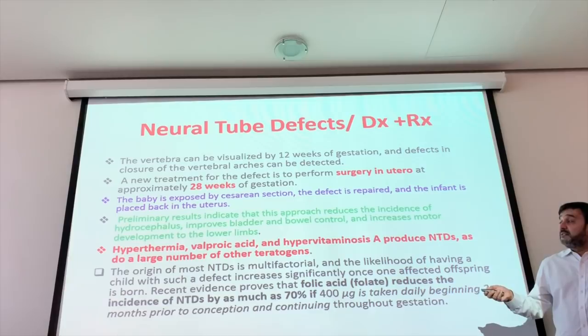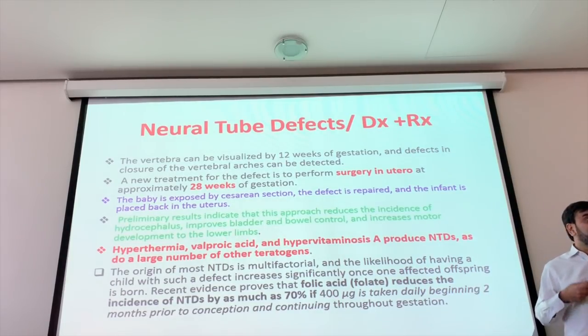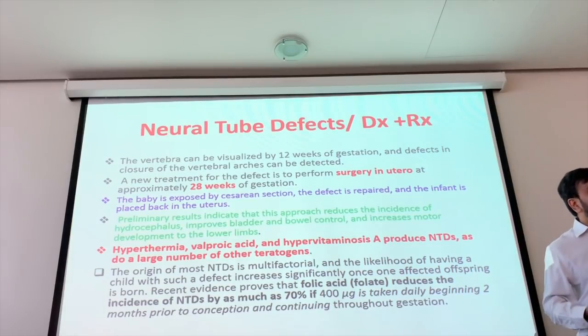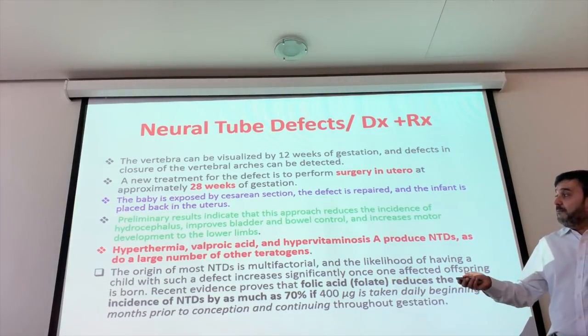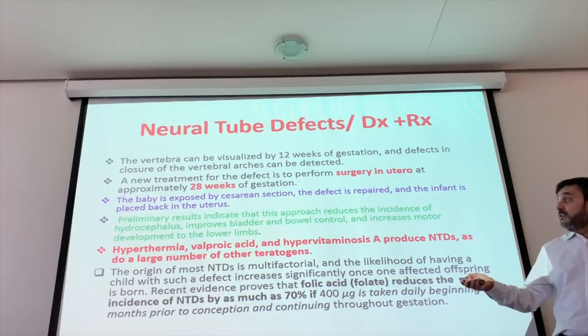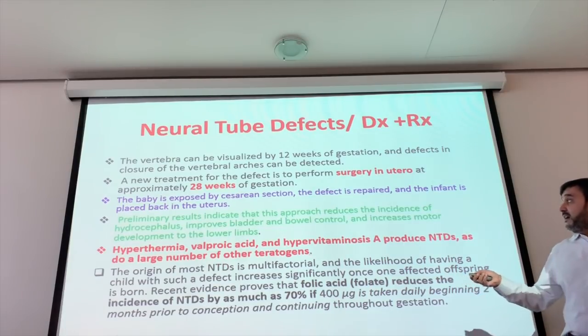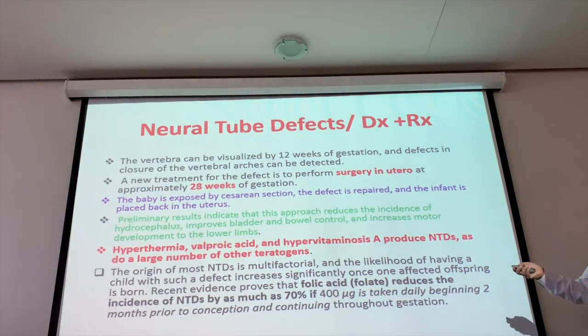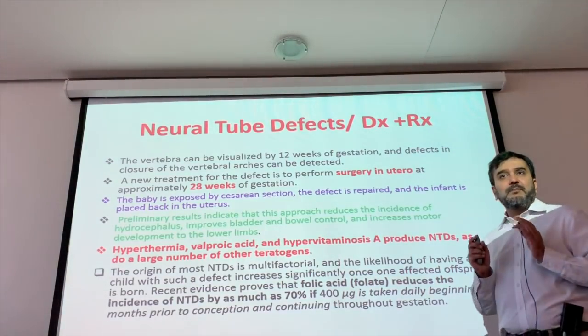People who are epileptic need to be changed from valproic acid to other types of anti-epileptic drugs. Hyperthermia also can cause neural tube defects. So these are the major causes of the neural tube defects: hypervitaminosis A, valproic acid, hyperthermia. Acne is one of the most important conditions which you should remember.